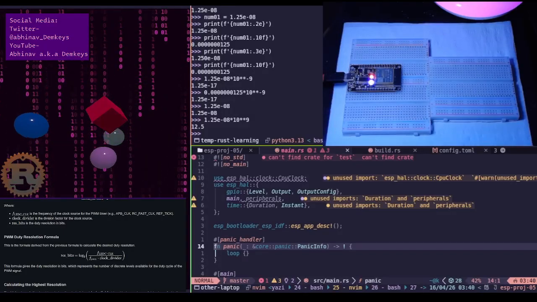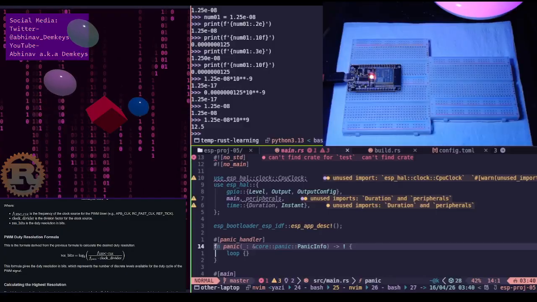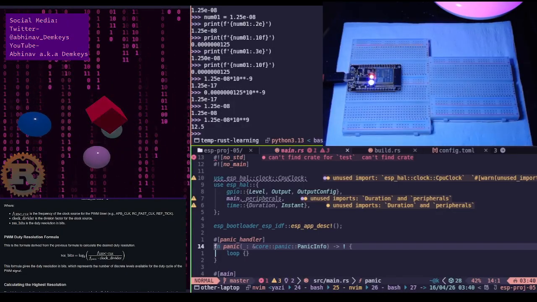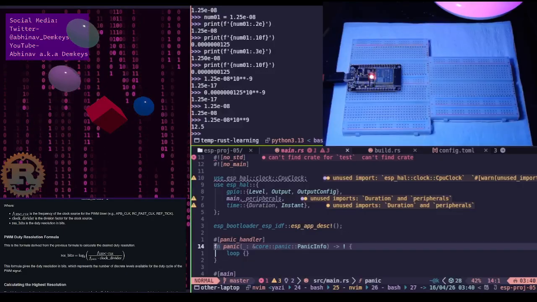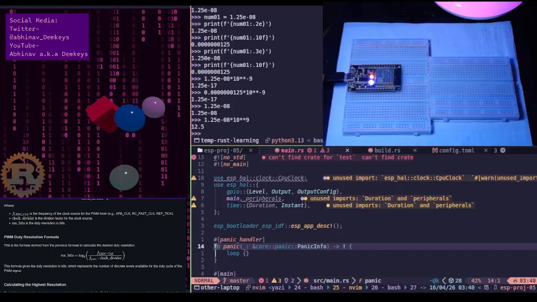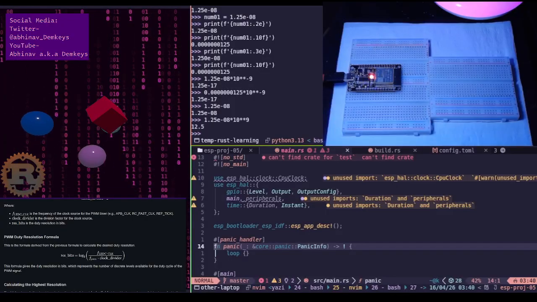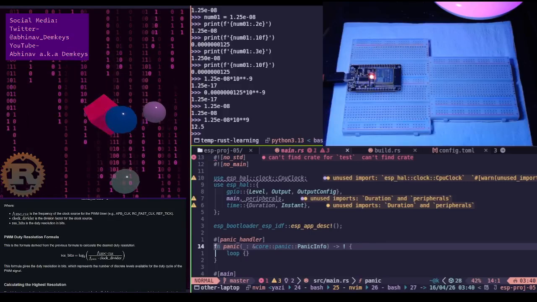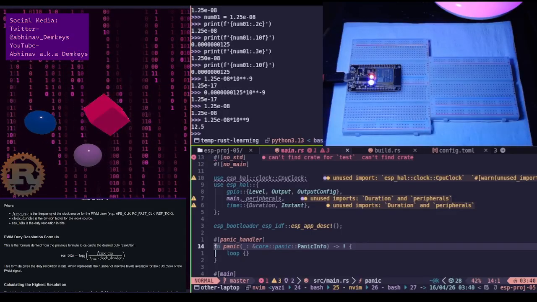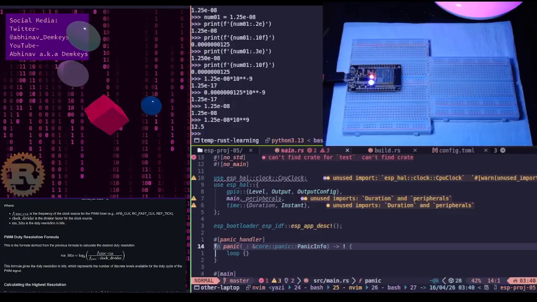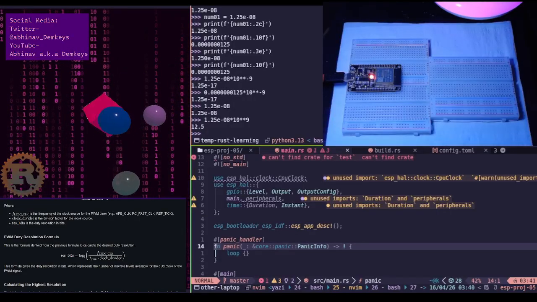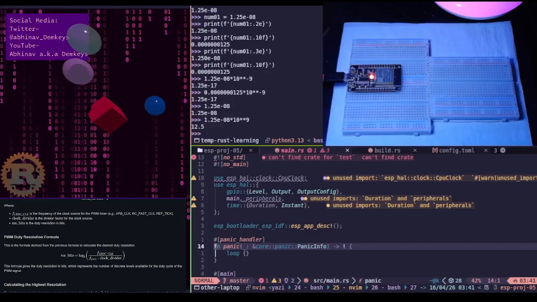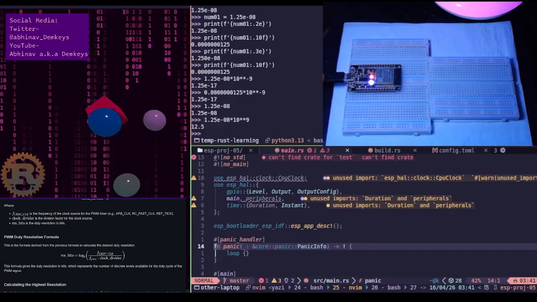Hey, I'm currently learning about the ESP32 and no STD Rust for the ESP32 using the Impel Rust for ESP32 book. It's super helpful.